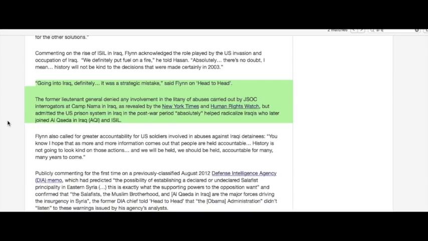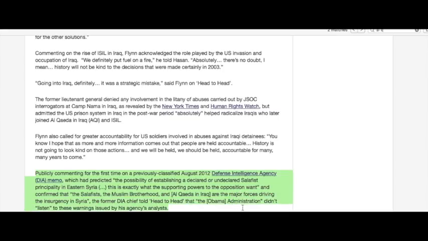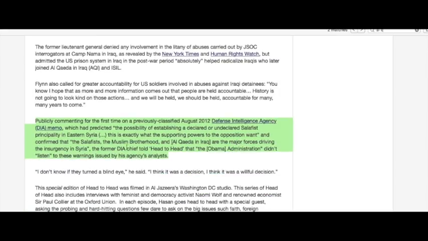So they had to get rid of Flynn because he was talking about what was going on in Syria too. He's talking about how the major elements of what's going on in Syria are these guys that we're supposed to be fighting: Muslim Brotherhood, Salafists, right? So why, if we're fighting ISIS and these characters, are we at the same time aiding and supporting them?